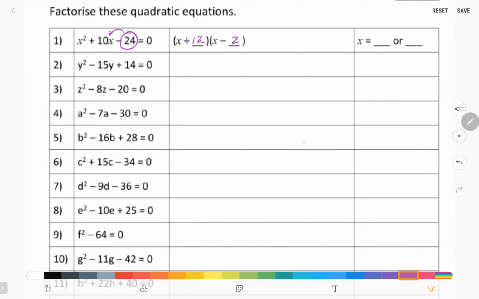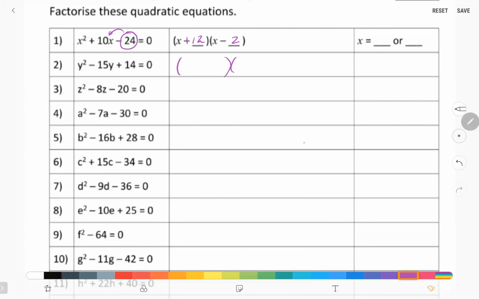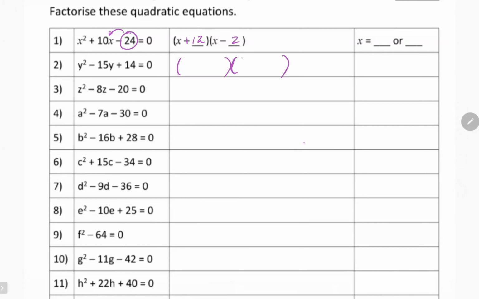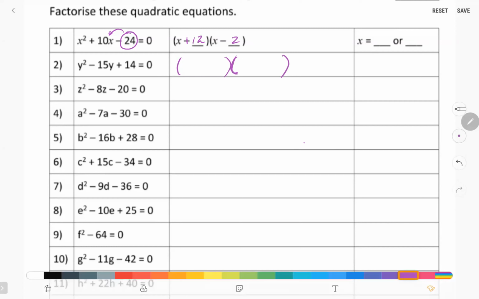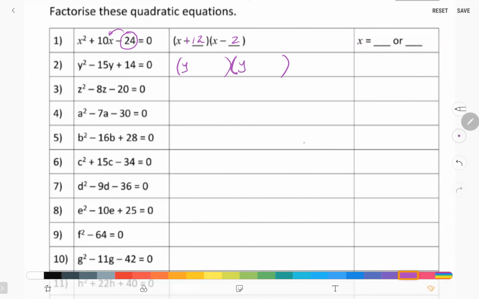But understand that? Let's look at the second one. Remember, this method is when the first term is just a perfect square, like just y squared in this one. So you know that the two values are y and y. The plus here means that the two signs in the bracket are the same, and the negative means the two signs are negative.